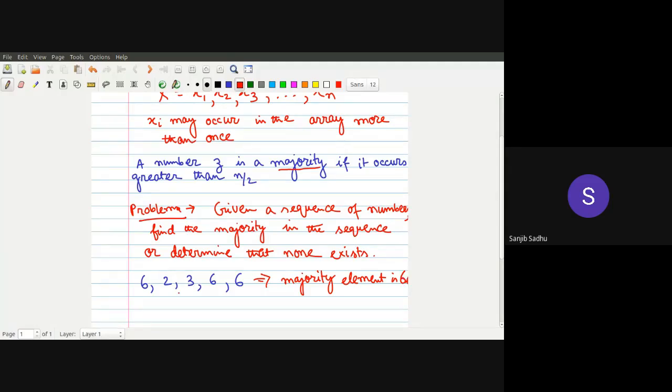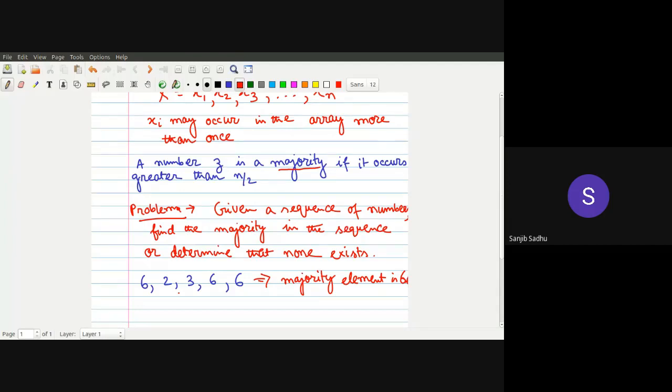As an application, suppose there is an election, a student election. Everybody gives votes, and all of you may be candidates.